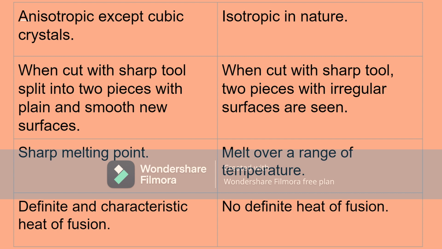That means the solid phase is getting converted into the liquid phase, but there is no temperature change. So in the case of amorphous solids, there is no definite heat of fusion, but in the case of crystalline solids, you have a definite and characteristic heat of fusion.